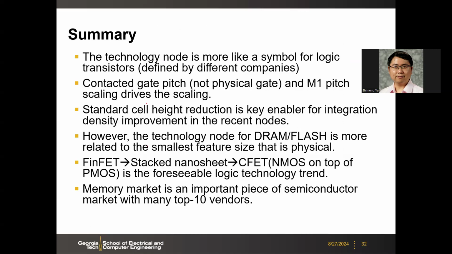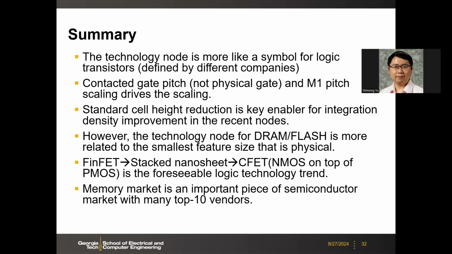Okay. So here is a quick summary. If you recall from the last lecture, we talked about the technology node. That means nothing. It's a marketing symbol. What matters for logic scaling is the contacted gate pitch and M1 pitch, and also how many M1 tracks you use for the standard cell.